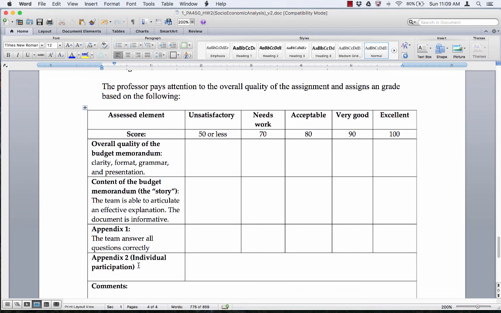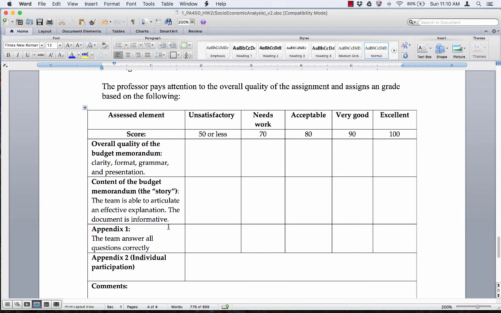Each team will have a different way of organizing their work, but what I am going to assess as a professor is the overall outcome because you are working as a team, but I will also pay attention to the individual contribution that each of you will have for the final product.